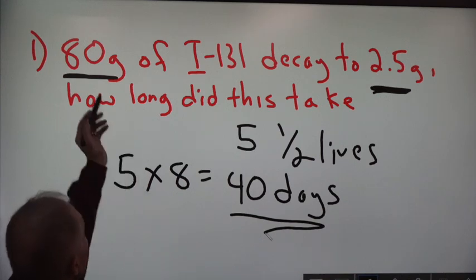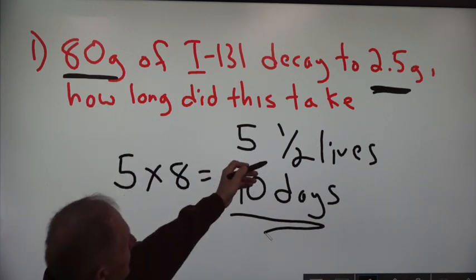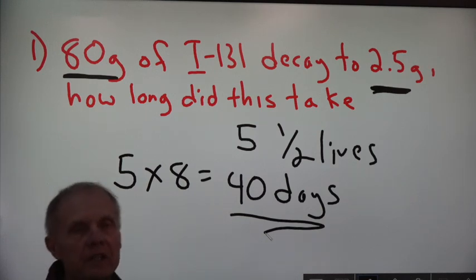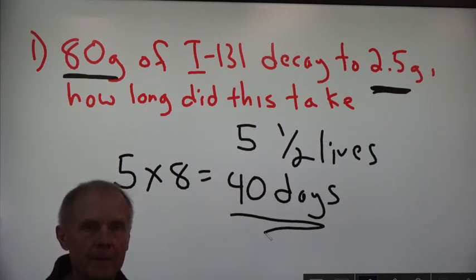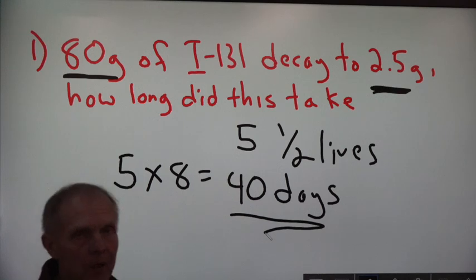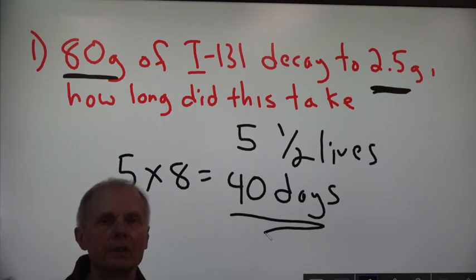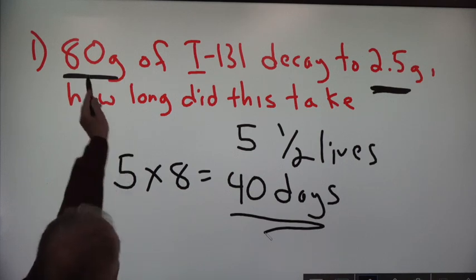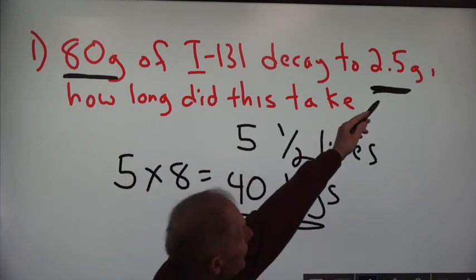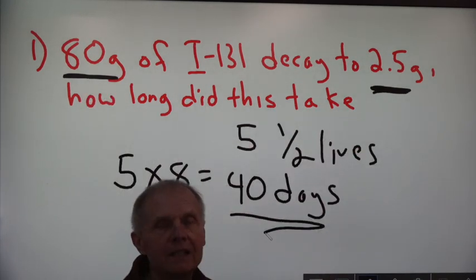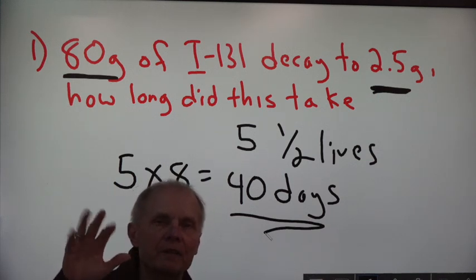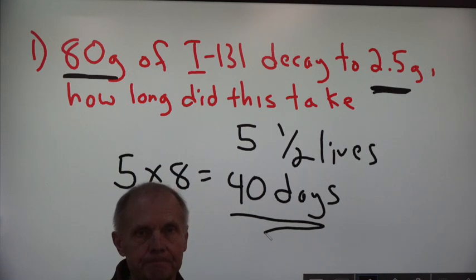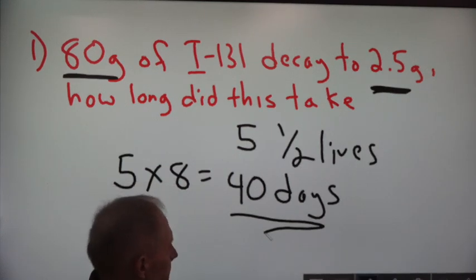So in order to knock down the sample 5 half-lives, it'll take 40 days to do. Okay? So we will talk more about radioactive iodine when we have our little talk about Chernobyl. All right, so if it gives you grams, both starting out and ending, figure out the half-lives on your fingers, and then you simply multiply it by what the half-life is. Okay? That one's done.